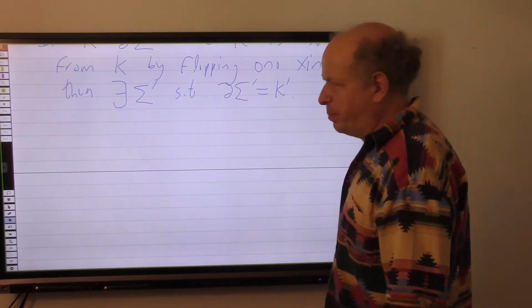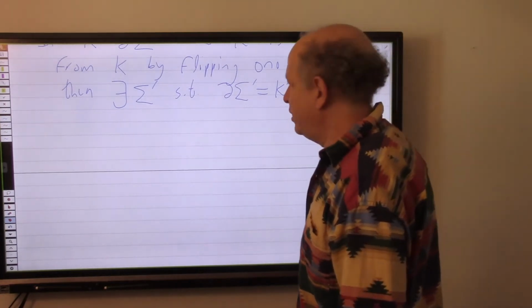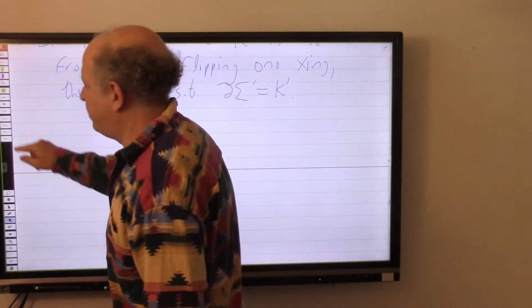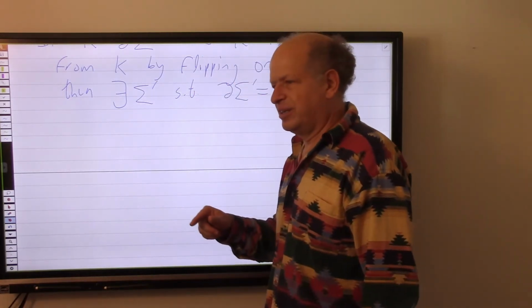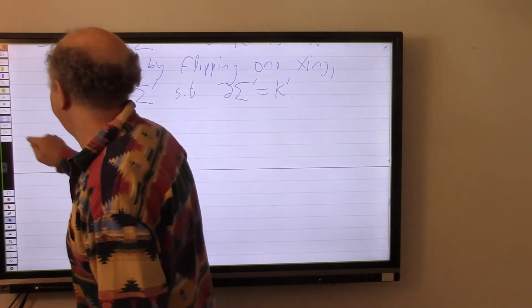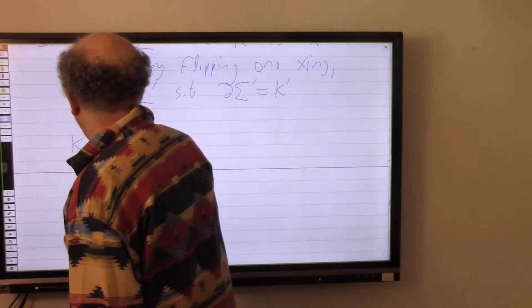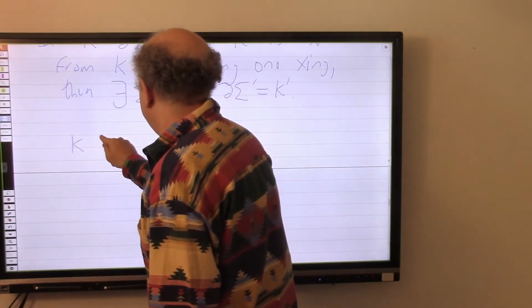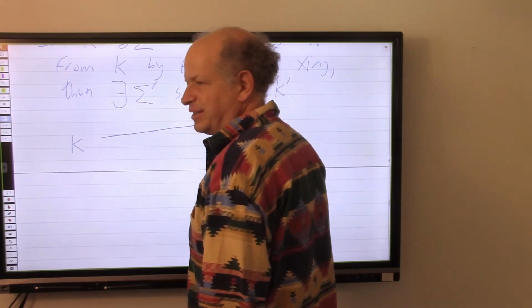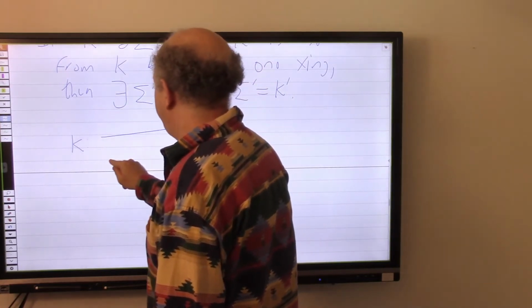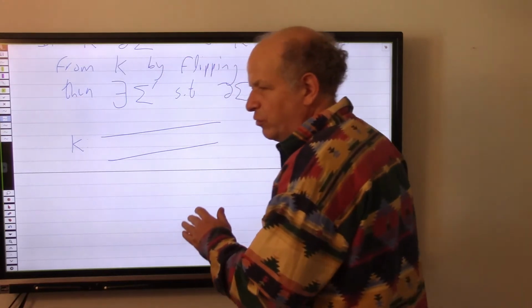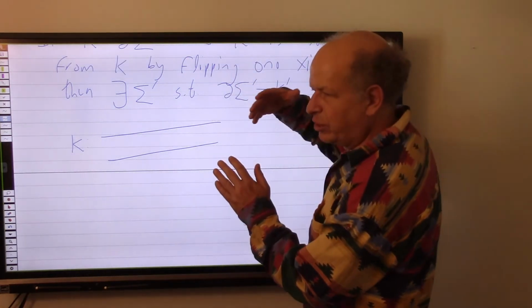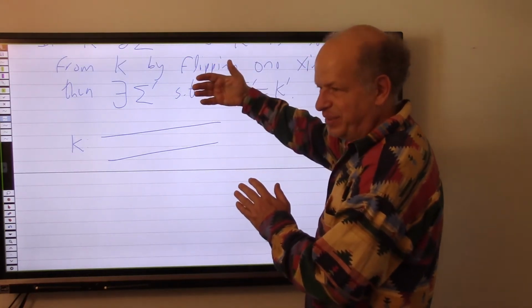So let me draw the picture. It will be a bit confusing. So here is K. K has two strands which I'm about to flip. But I want to view the crossing from the side.